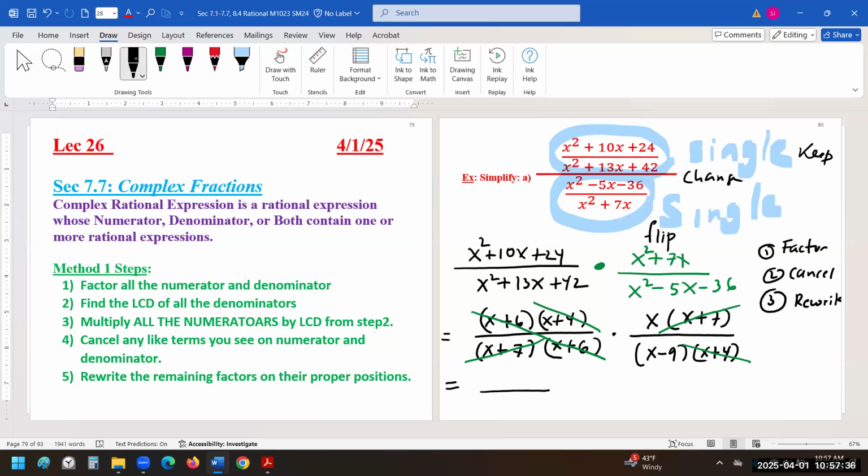And then what remains? X minus 9. That's it. When they call it complex, it's actually not complex. The beginning was complex, but once you do keep, change, flip, it becomes normal multiplication.